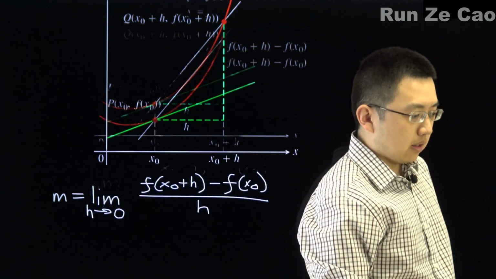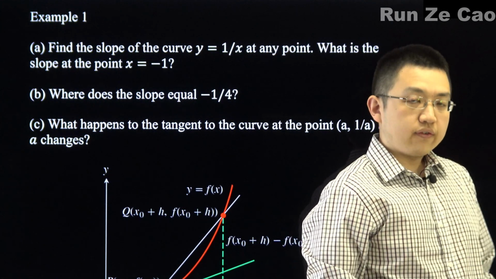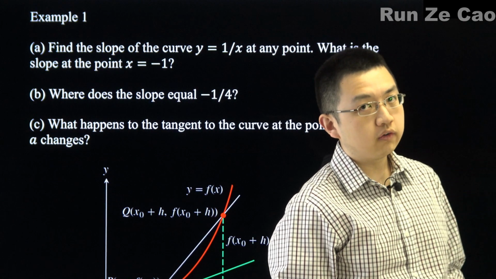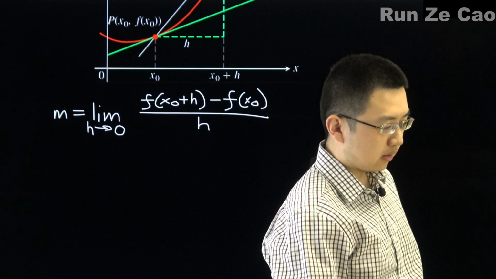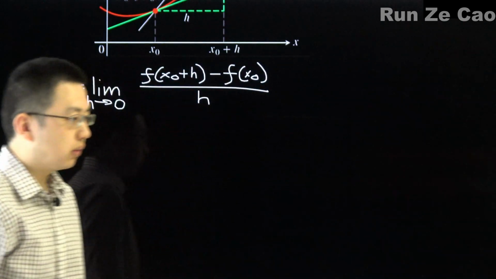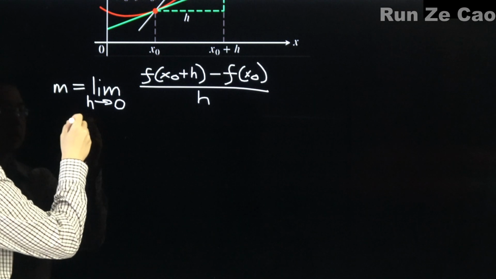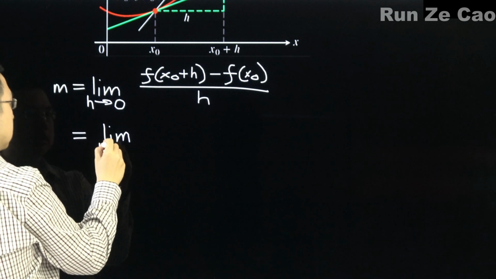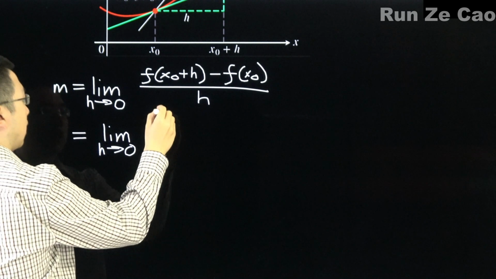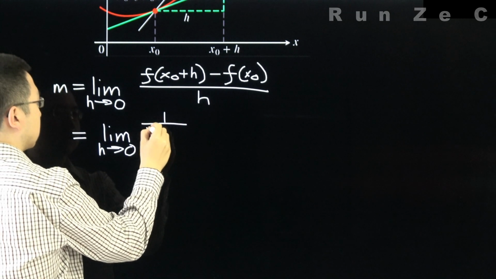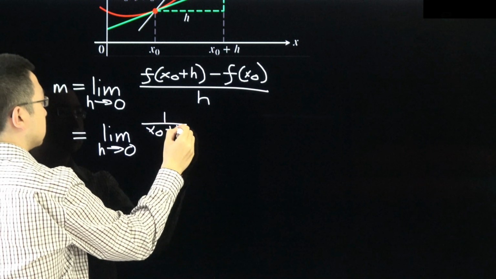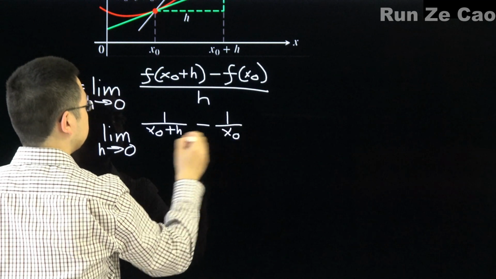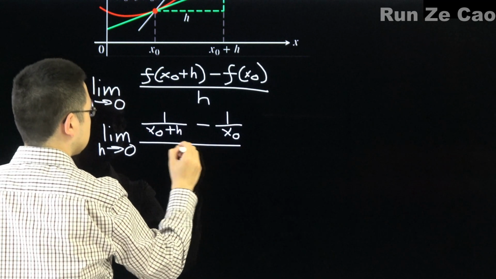So what is f of x here? Well, it is y equals 1 over x, so f of x is equal to 1 over x. In this case, that means m equals the limit as h approaches 0 of 1 over x0 plus h minus 1 over x0, and this is all over h.